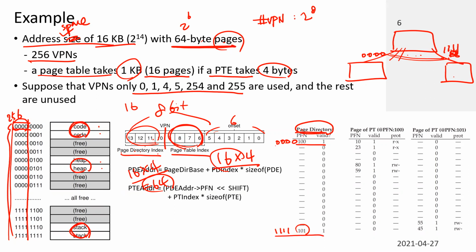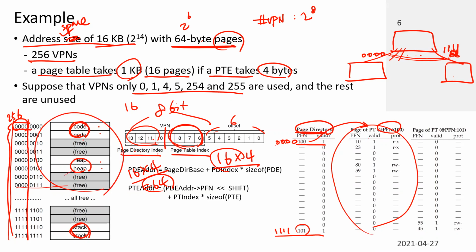Once we go to frame number 100, we can find a piece of the page table corresponding to this case. Here you can see 0000, 0000. So this was this one. You can find it from frame number 10 and 0011, 0001. This is for this case.